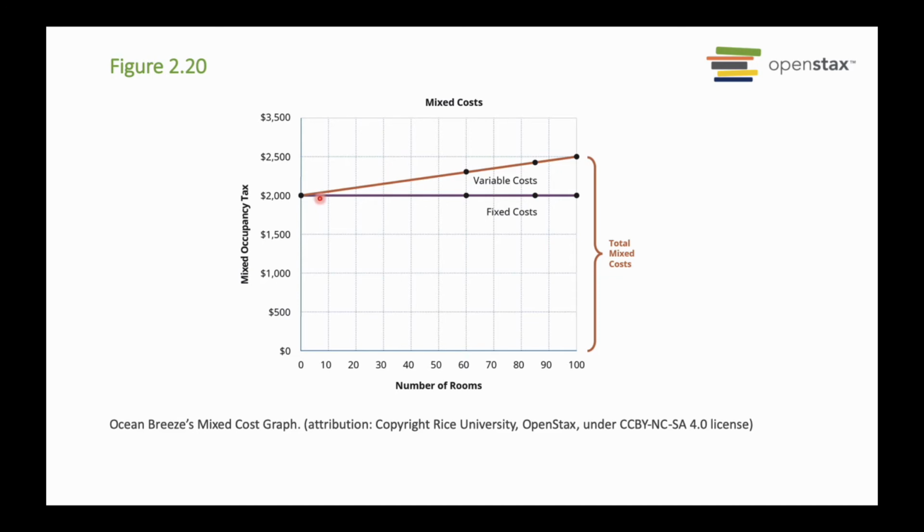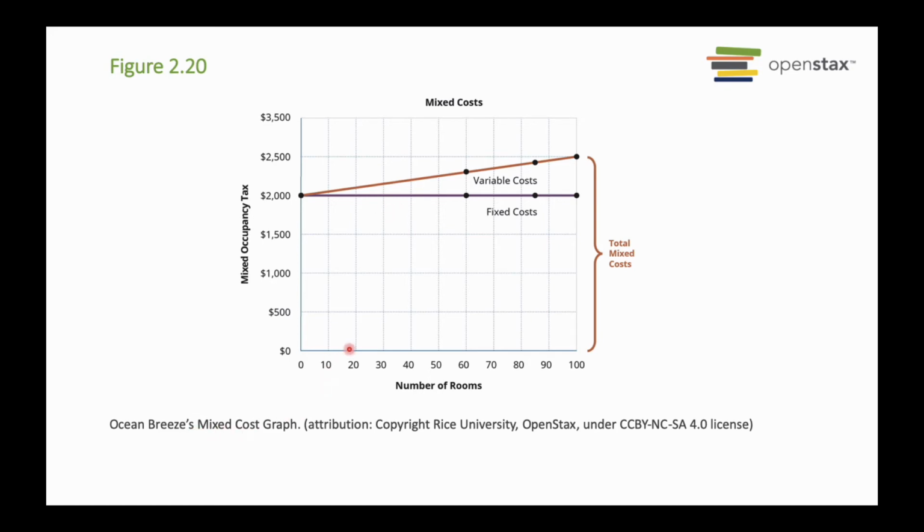This diagram is a representation of a mixed cost. It goes back to the original hotel example, which has a fixed cost of 2,000 Rand per month plus a variable cost of 5 Rand per room rented out.